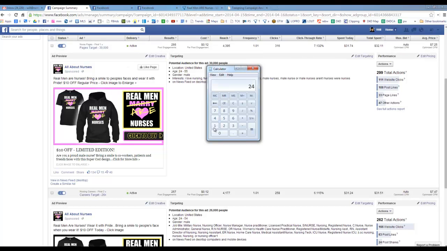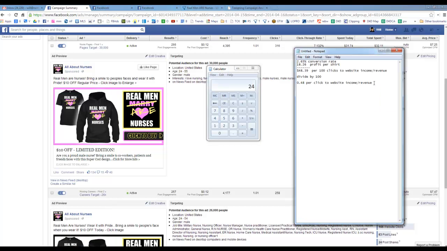So right now with these numbers, we're going to say minus 0.24 per click, or cost per website click, gives us basically 24 cents.